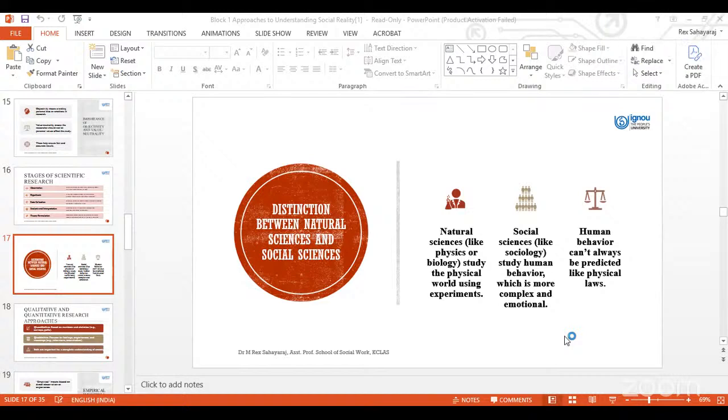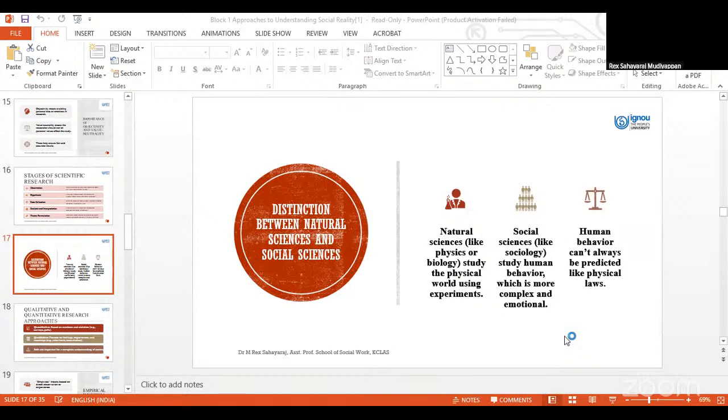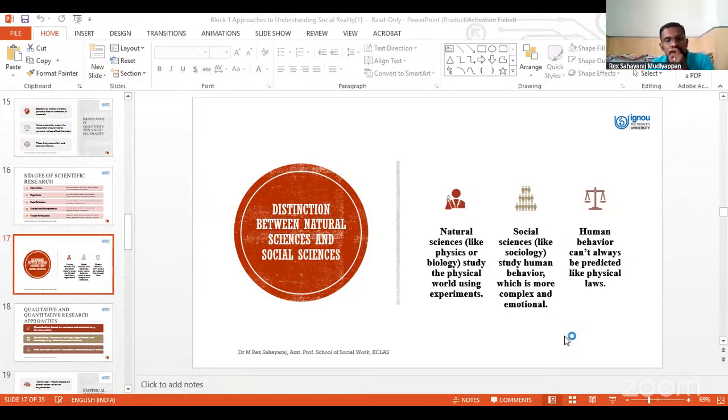Sir, another related question. If we want to find out how many families are living in a particular apartment, we have two options. One is direct contact, door to door.